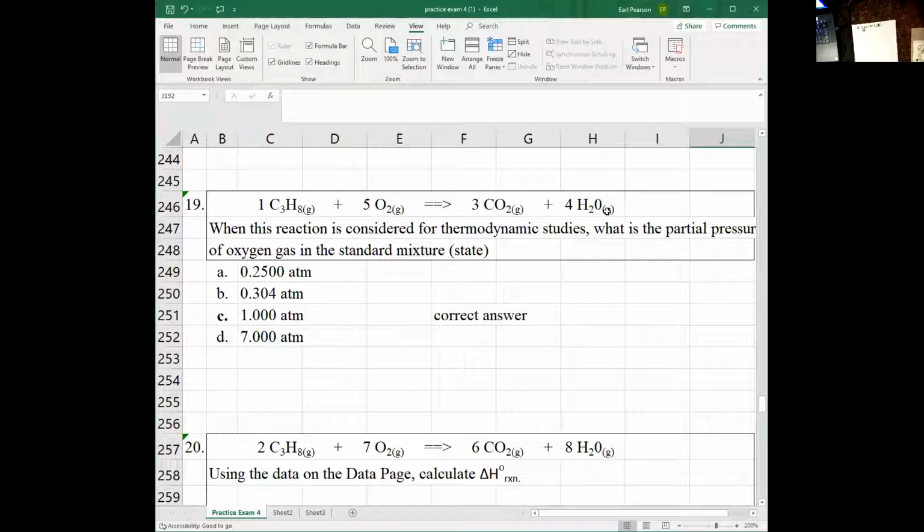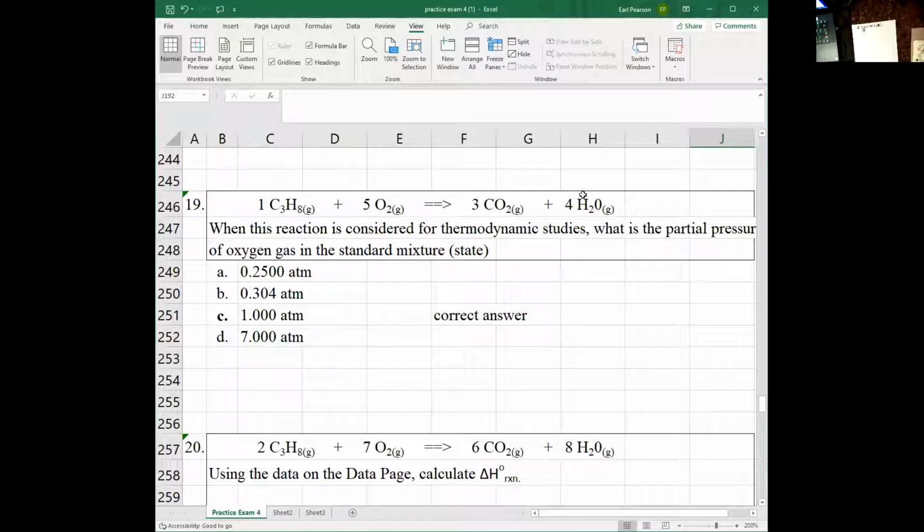So if I want to know what the partial pressure of any of the gases in this mixture is, it's 1 atmosphere pressure. If I want to know what the total pressure is, you've got to remember, if I go to the lab, am I going to take propane and oxygen and mix it with carbon dioxide and water vapor to study this reaction? No, of course not.